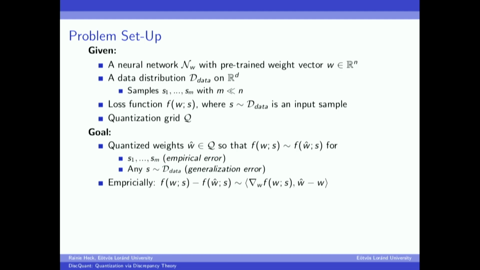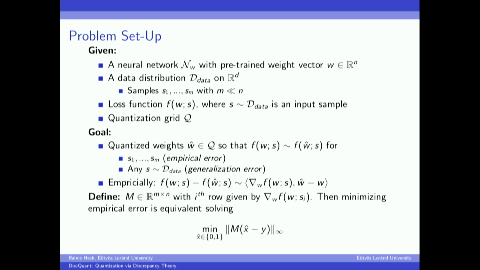So we note empirically that the error in the loss function after quantization is very well approximated by this first-order Taylor series approximation. And so this is the formulation that allows us to make a discrepancy theory-based observation. So we can define a matrix where the ith row is given by the gradient evaluated at the ith sample.